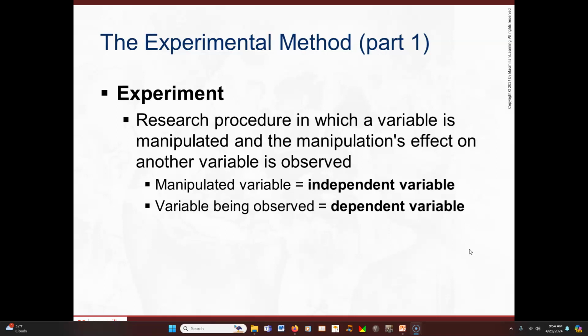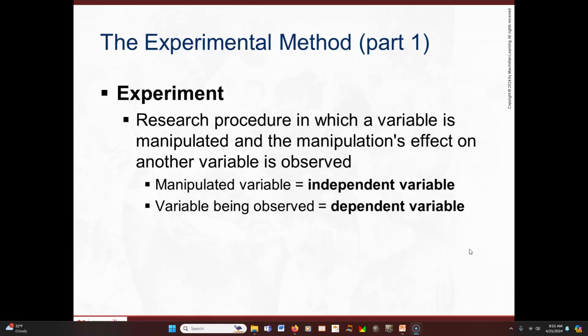Digging a little bit deeper here, the independent variable is manipulated to determine whether it has an effect on another variable. And the dependent variable refers to the variable in an experiment that is expected to change as the independent variable is manipulated.